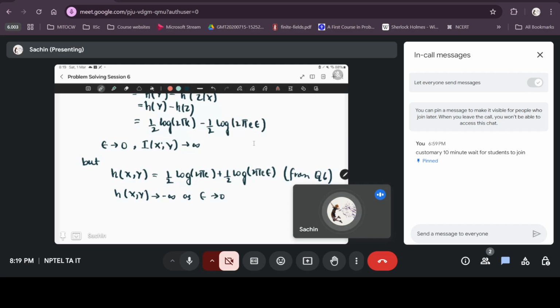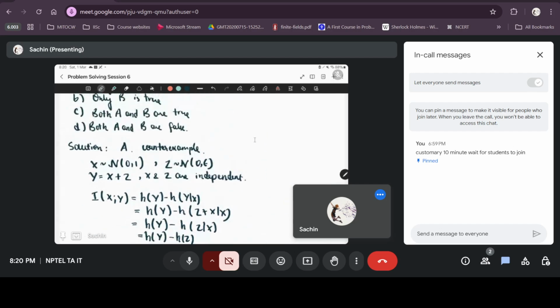So as epsilon gets closer and closer to 0, h of x y is negative. So there will exist some value of epsilon close enough to 0 such that I of x y is positive and h of x y is negative. So I of x y is positive does not imply that h of x y is positive.